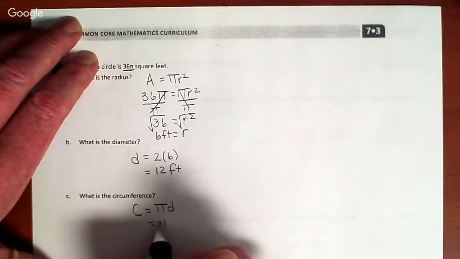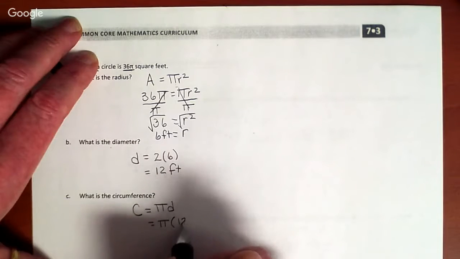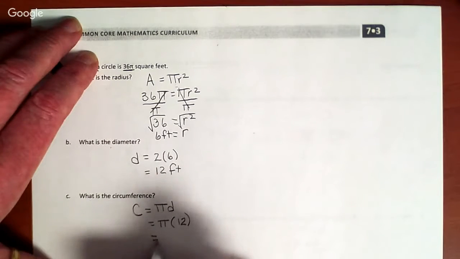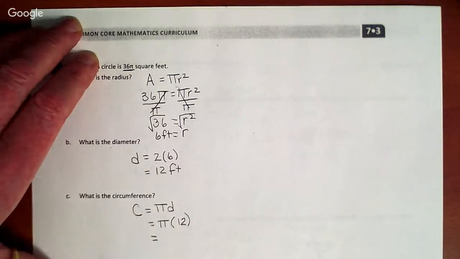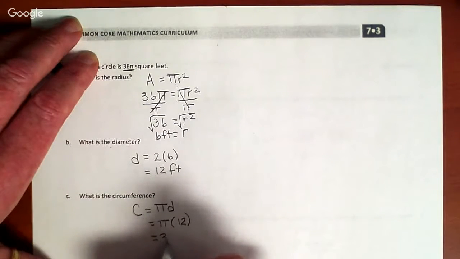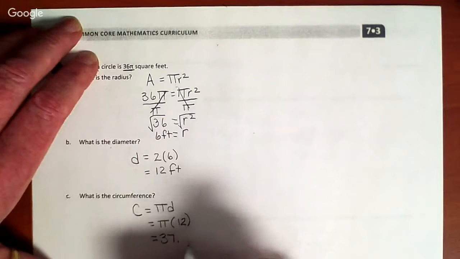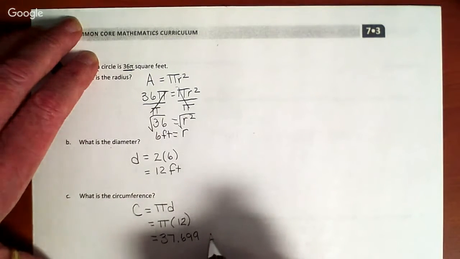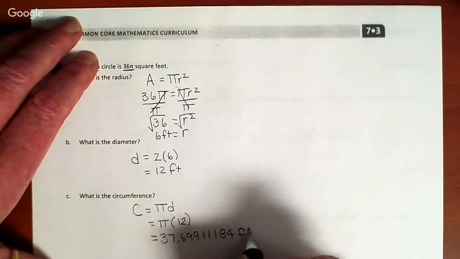So pi times 12, which equals 37.699 feet.